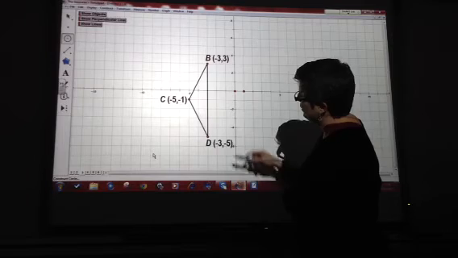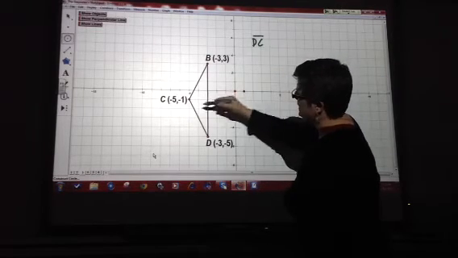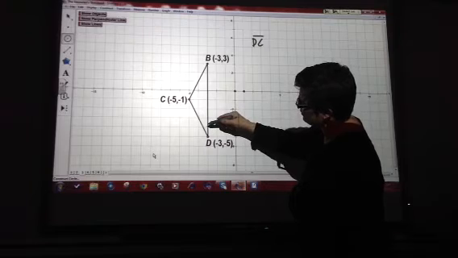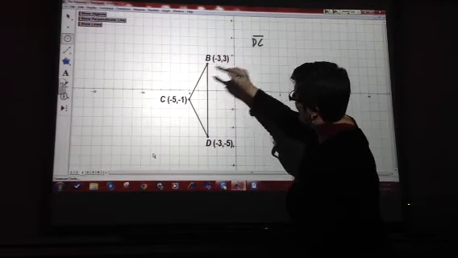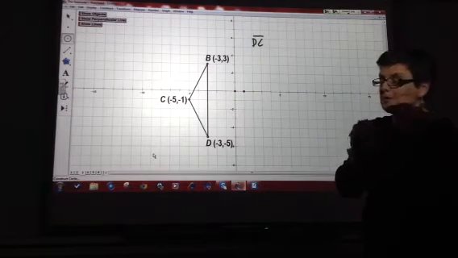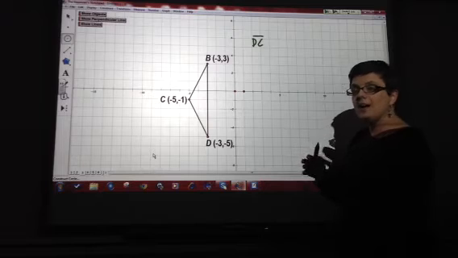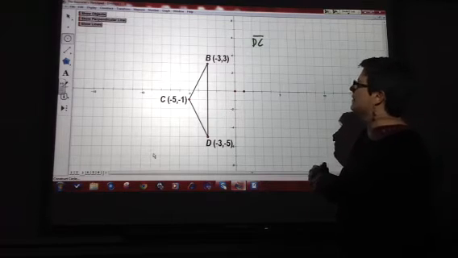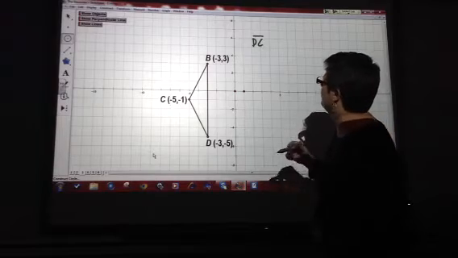So if we were to do that, we would want to find the slope of segment DC, take its opposite reciprocal, and then from this point, and given that opposite reciprocal slope, we would come up with an equation of a line, and that line would actually be the equation of an altitude of the triangle.